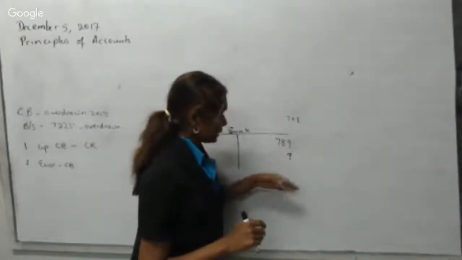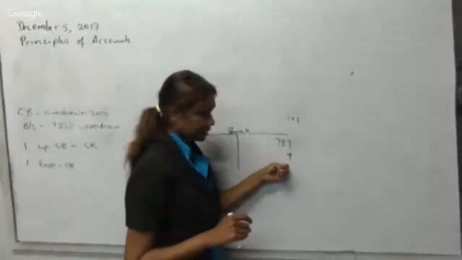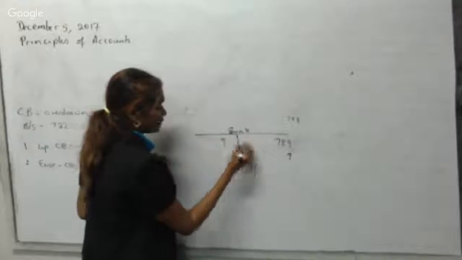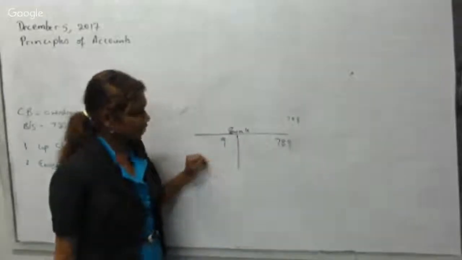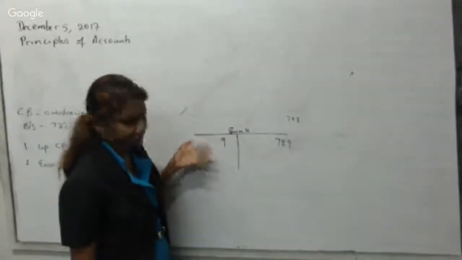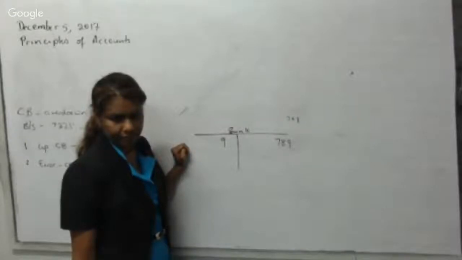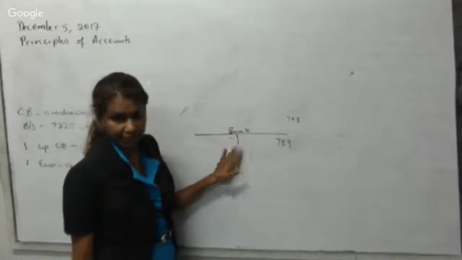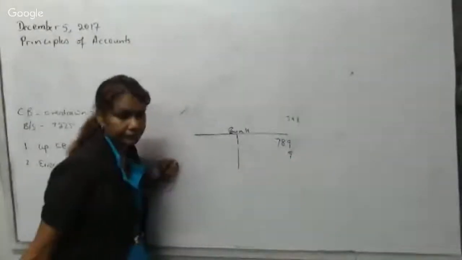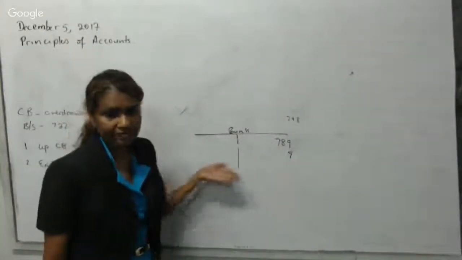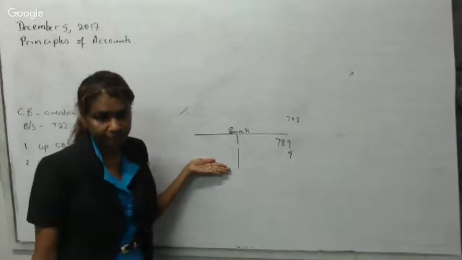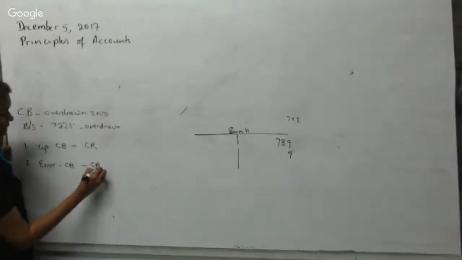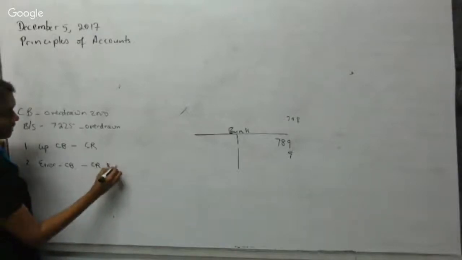If you had put the $9 on the debit side, what you've paid out would actually be $780. So it can't be on the debit side. If you pay more, you credit. So for error number 2, you need to credit your updated cash book with $9.